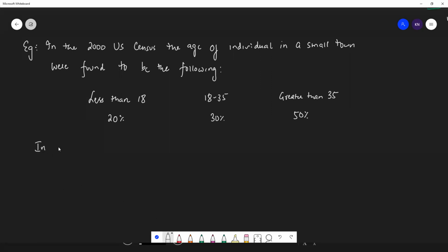Then in 2010, n is equal to 500 individuals were sampled, and below are the results.